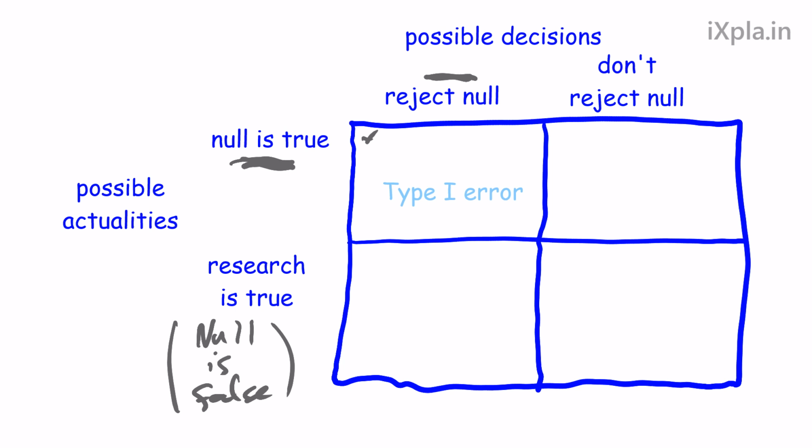Another possibility is that the research hypothesis is true and you reject the null. What's the label that goes in this cell? That would be statistical power.